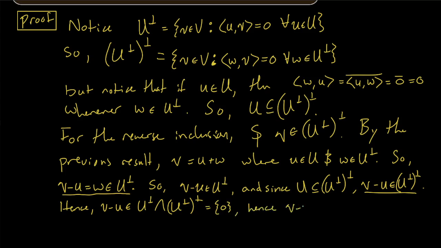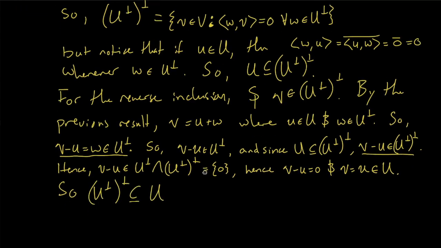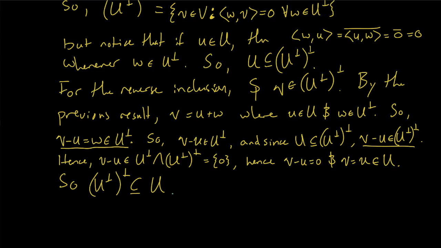Hence, V minus U equals 0, and V is in fact equal to U, which is, notice now, from what we did, in U. So we started with something in U perp perp, and we showed that it's in U. So U perp perp is contained in U, since everything in it is also in U. Now we've shown that U is contained in U perp perp, and that U perp perp is contained in U. Therefore, U is equal to U perp perp.